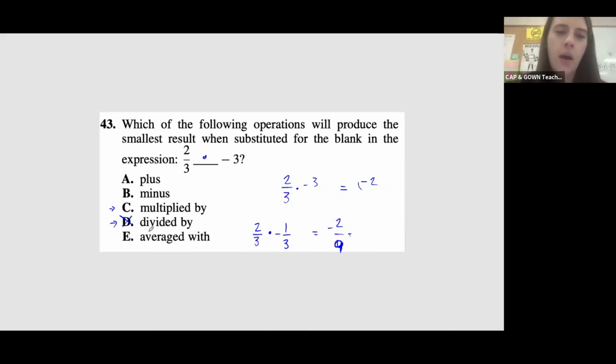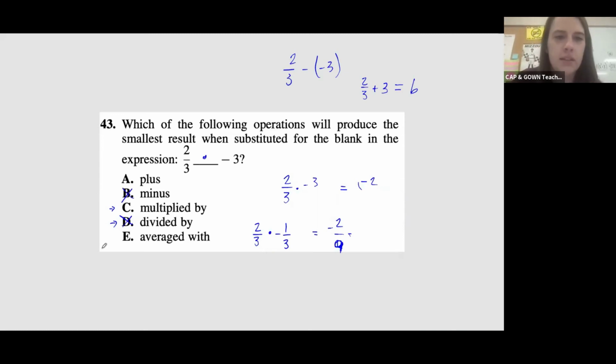Okay, so what if I subtract it? I'm not going to move up because usually that means it's going to get bigger. So 2/3 minus negative 3. Well, if I subtract it, it's actually going to change it to a plus. And I don't even have to add it, because I just know it's going to be bigger than that negative 2.